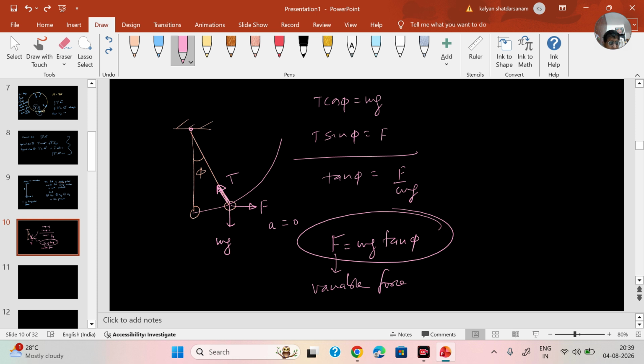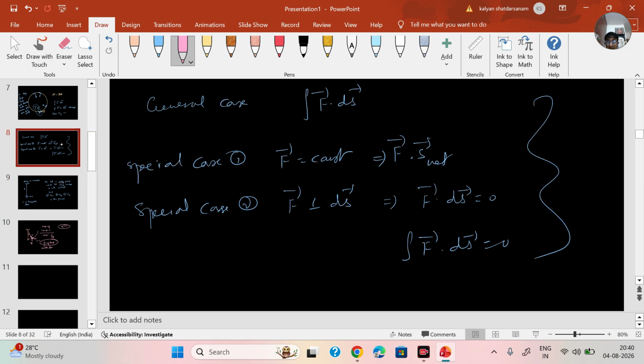Any force that points towards center is called centripetal. You should be able to tell what is that force. In our case, it is tension. And at every moment, the displacement ds is perpendicular to tension. So work done by tension has to be zero. This goes into our second special case, right? The second special case is when F is perpendicular to ds at every moment, then work done by such a force is zero.